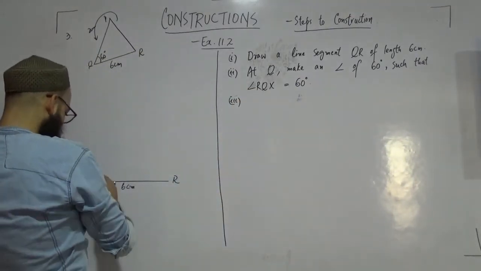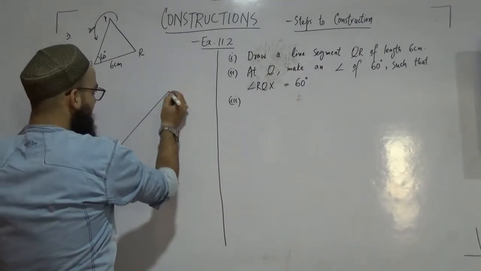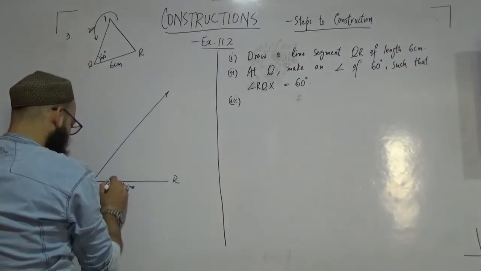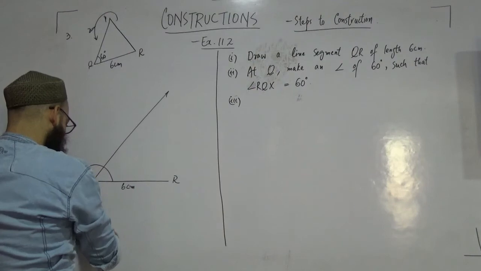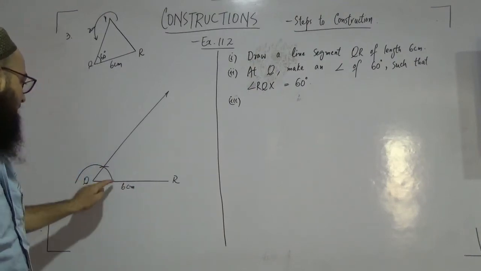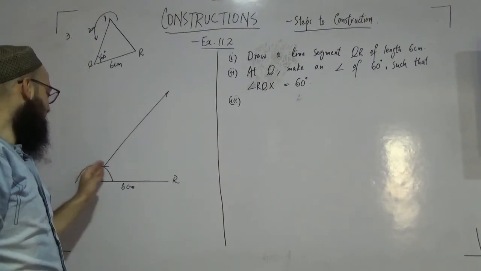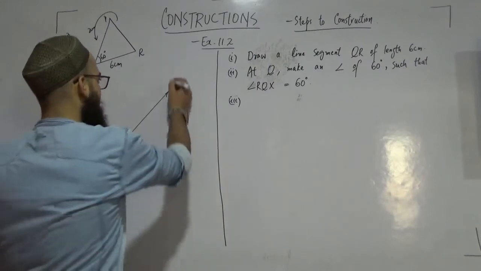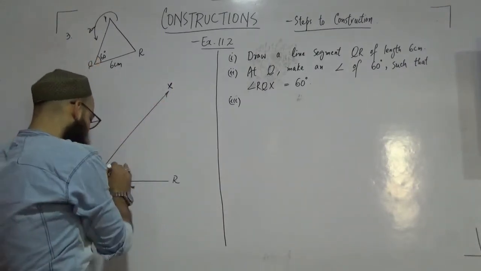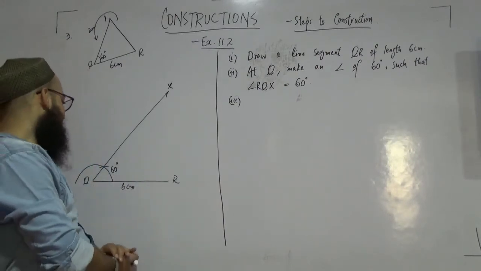So it's like this. First arc, then with this as center and same radius draw an arc, then join Q at this point, you'll get this X. So RQX is 60 degree. So you're good with 60 degree.